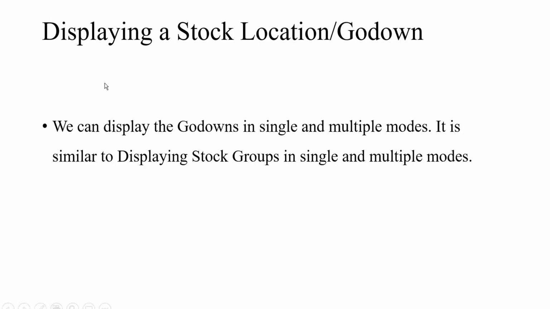The next one is regarding how to display a stock location / godown. We can display the godowns in single and multiple modes. It is similar to display stock groups in single and multiple modes. In case of display, it is something like read only mode. We can read the contents, but we cannot do any editing, modification, changes here.